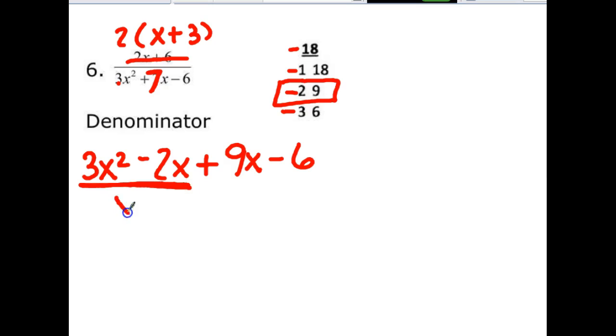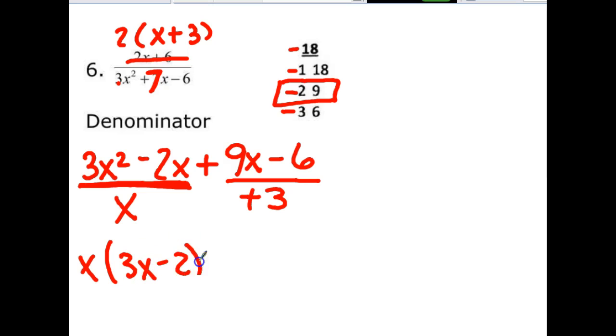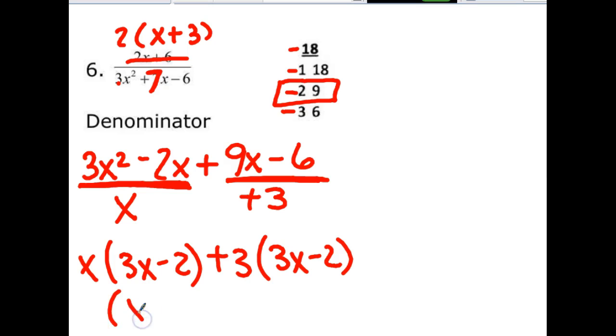The only thing that factors out of that is an x. That will factor out a positive 3. If I factor an x out of this, if I factor a 3 out of this, look at that. There's a repeated factor.